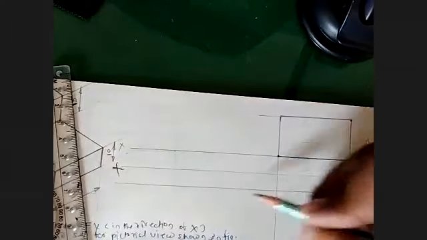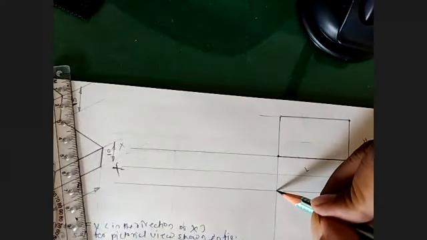Okay. So what we have taken here, this length we have projected for the top view. Now from the line which you have taken 10 millimeter below the XY line, from here only you will mark the width. How much is that? That is 30 millimeter. So we'll get the boundary.